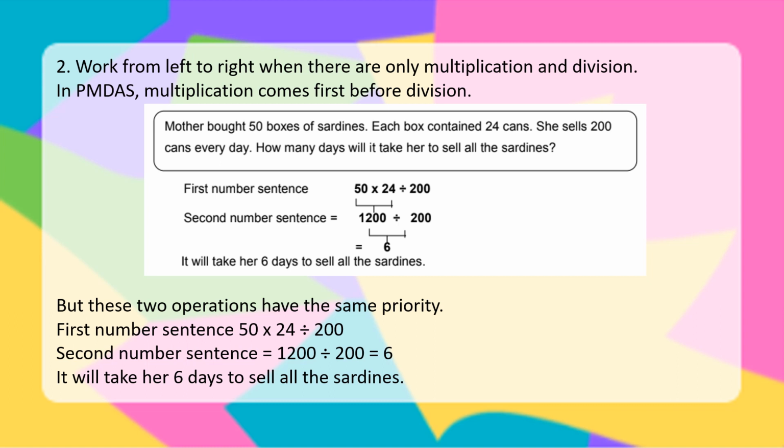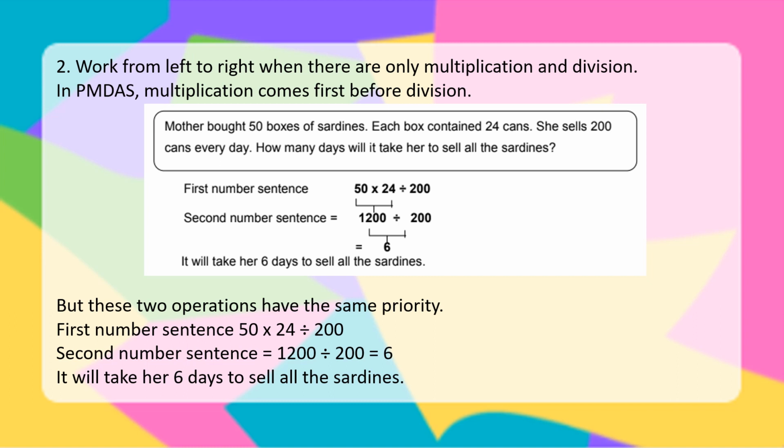For the first number sentence, which is 50 times 24. 50 is the number of boxes of sardines, and 24 for each box contained 24 cans. Divided by 200. 200 is the number that mother sells daily.